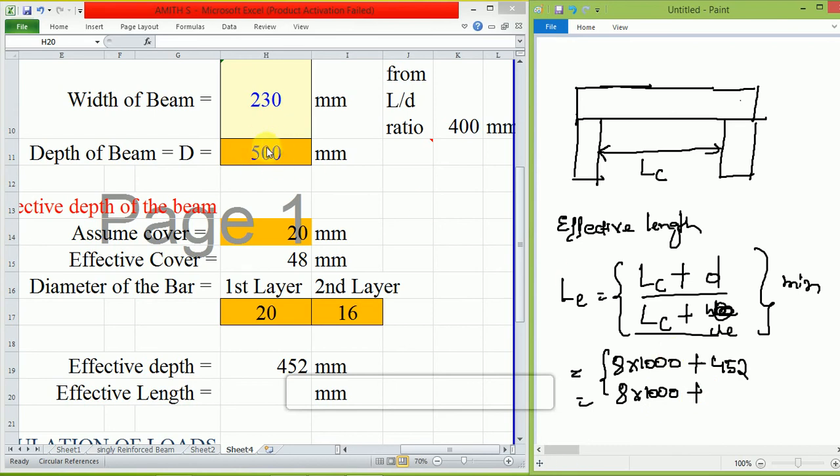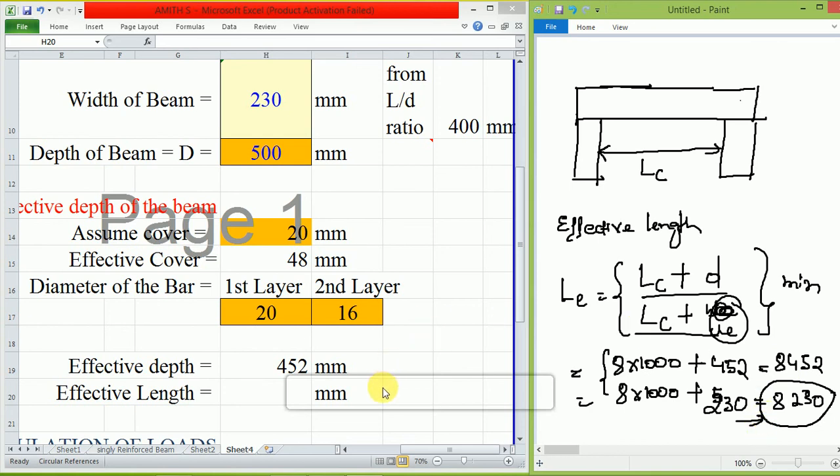You can see here, not 500, 230 is the width of the beam. So I'll get two answers. One is 8452 and the other one is 8230. Which one do I need to consider? I need to consider the lesser value, that is the minimum of these two values, that is 8230.